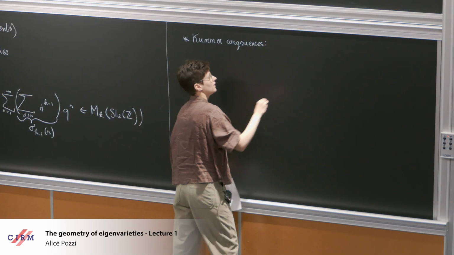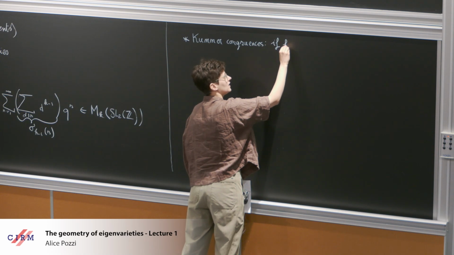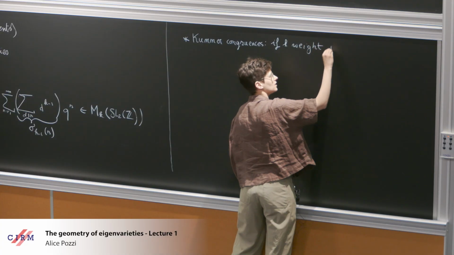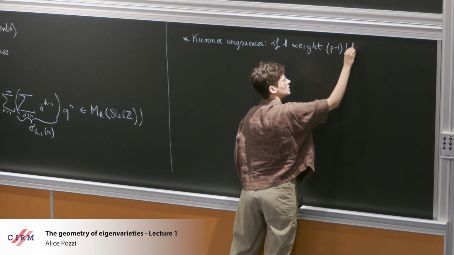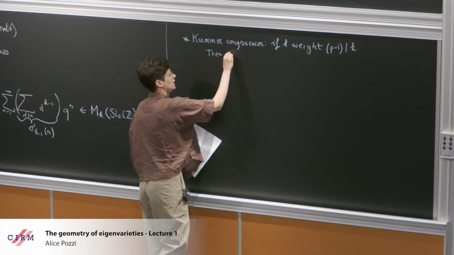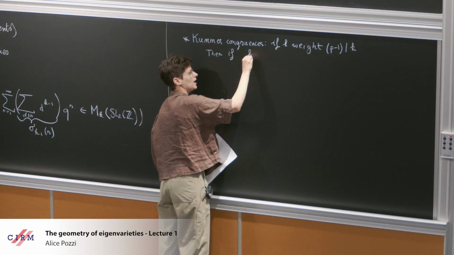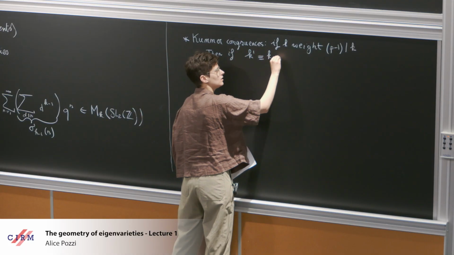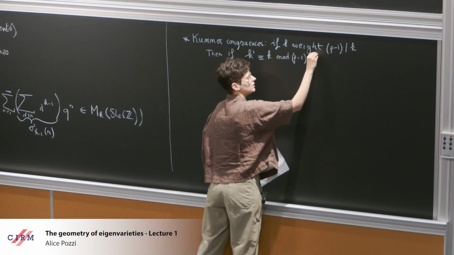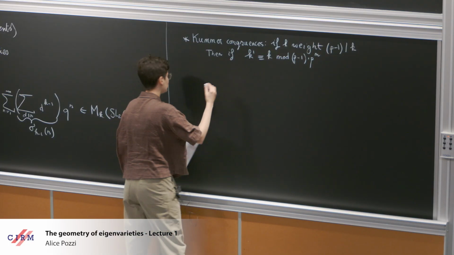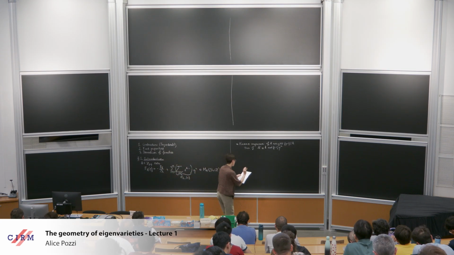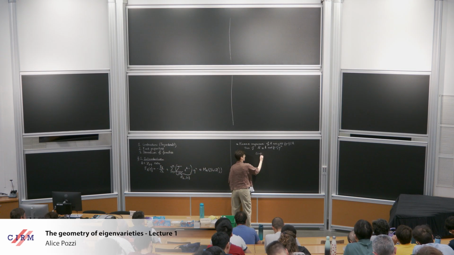So I'm going to fix a weight k such that p minus 1 does not divide k, then if I take k prime congruent to k mod (p minus 1) times p to the n, I get a congruence involving the Bernoulli numbers divided by 2k. More specifically, I also get an extra factor.